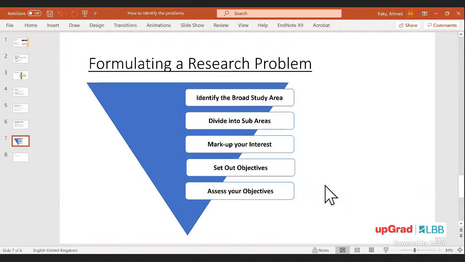So, for example, let's say you define your broad area of study as cybersecurity. Then you divide that big term into several sub areas such as cyber attacks, cyber crimes, trends, and so on. Then you divide that into network security, web security, database security related to cyber crimes, and so forth. Then after dividing that, you could mark up your interest and develop your research question.